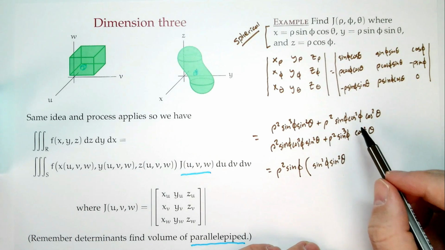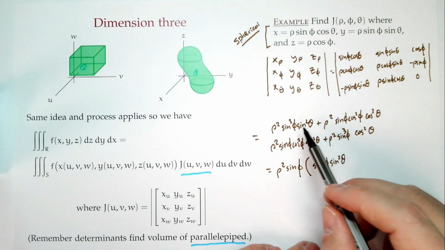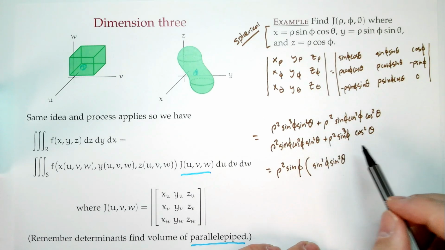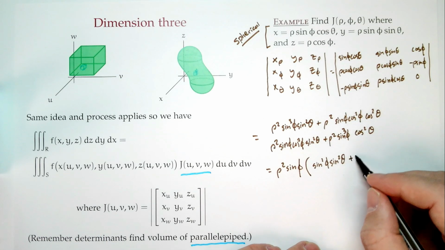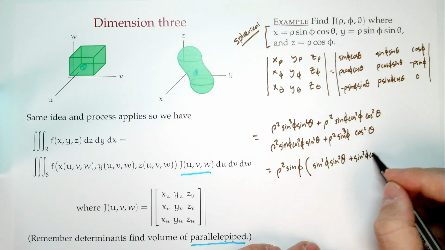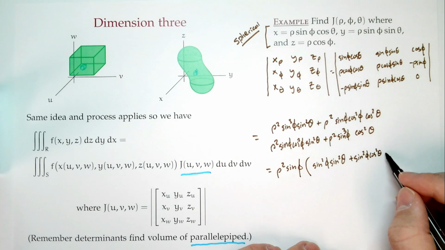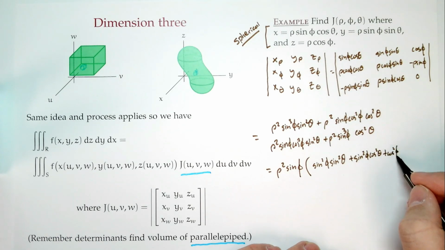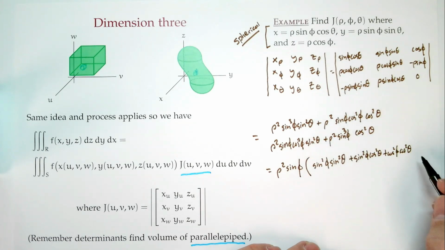Then let's jump ahead to the last one. That's a sine squared phi, cosine squared theta. Now we'll jump back to here. We have a cosine squared phi, cosine squared theta. And finally, from here, we have cosine squared phi, sine squared theta.